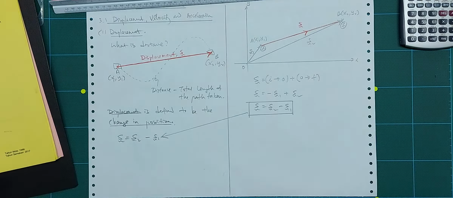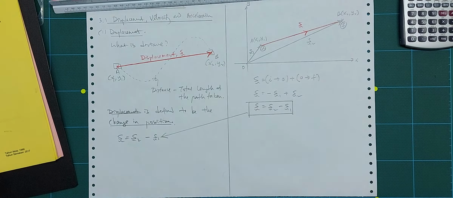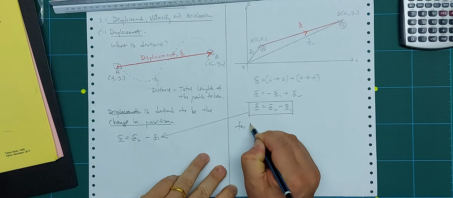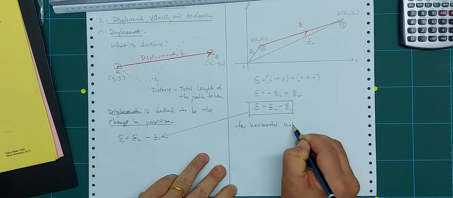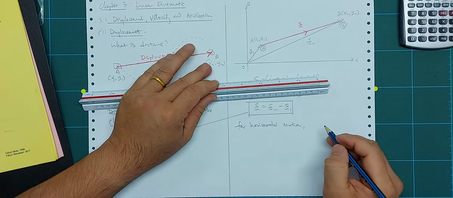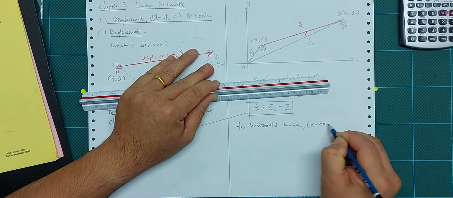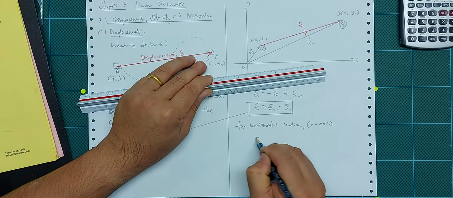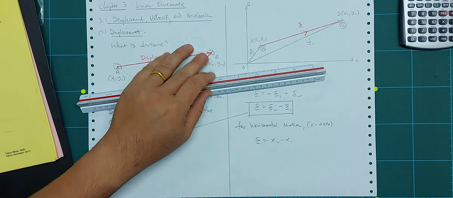Okay? Alright, so that one is in 2 dimensions. But if your motion is restricted to horizontal motion, normally we refer to the x-axis. So your formula for displacement will be x2 minus x1.